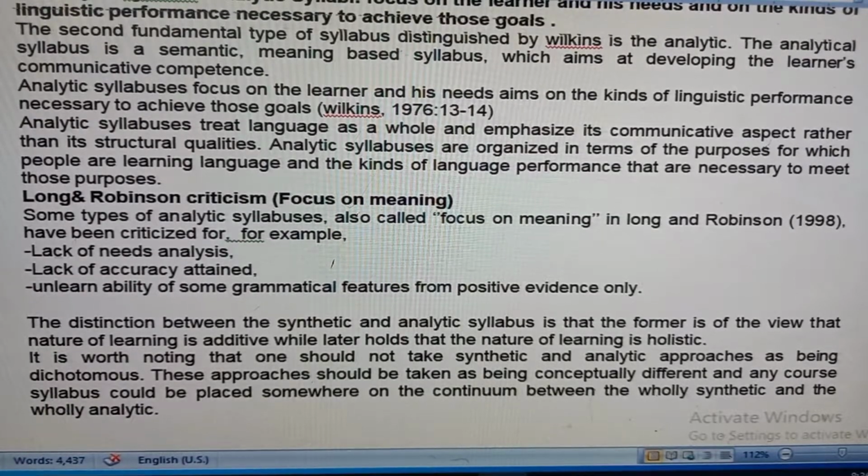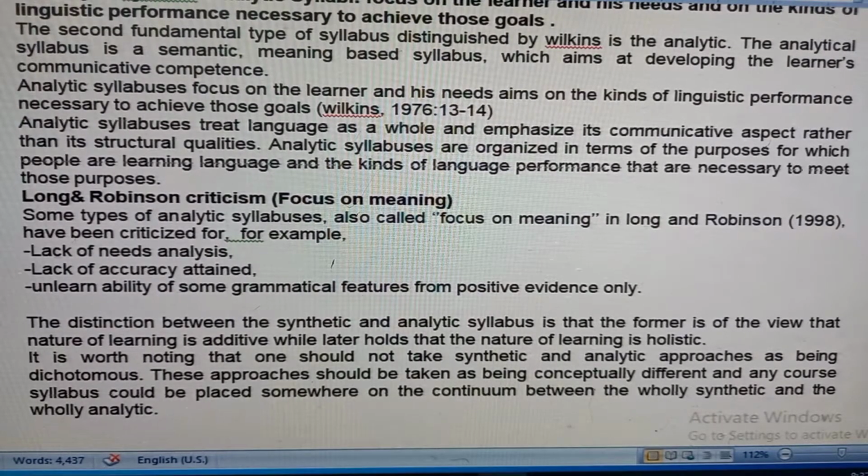It is worth noting that one should not take synthetic and analytic approaches as being dichotomous. Approaches should be taken as being conceptually different, and any course syllabus could be placed somewhere on the continuum between the wholly synthetic and the wholly analytic.